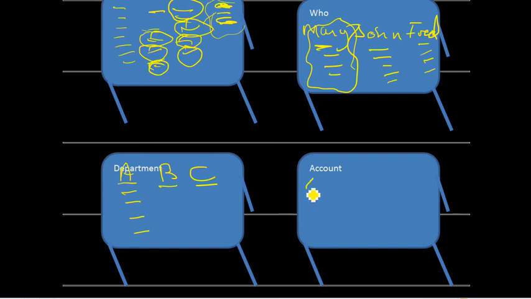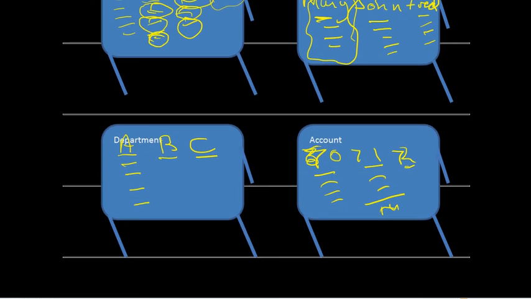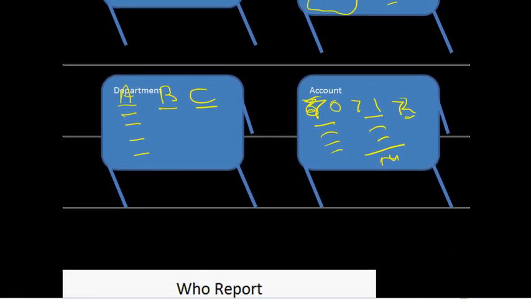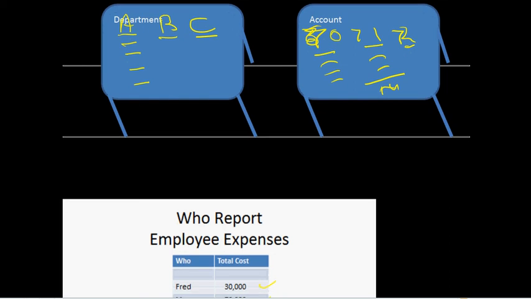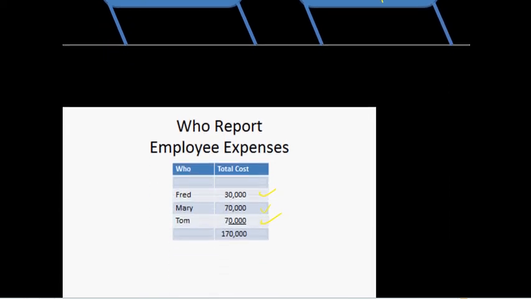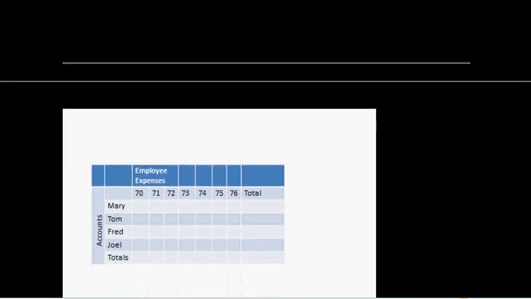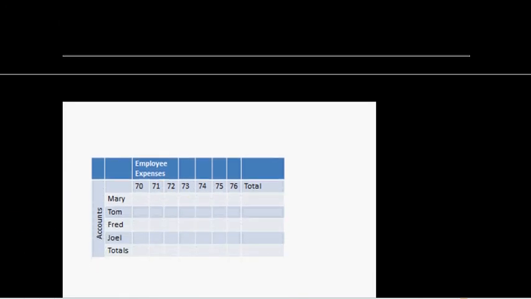We have employee accounts 70, 71, 72, and we'll sort them by account first. Just the same sort of thing, add them up. After we've sorted them all by account, we'll have these details, but with further analysis showing each of these categories.